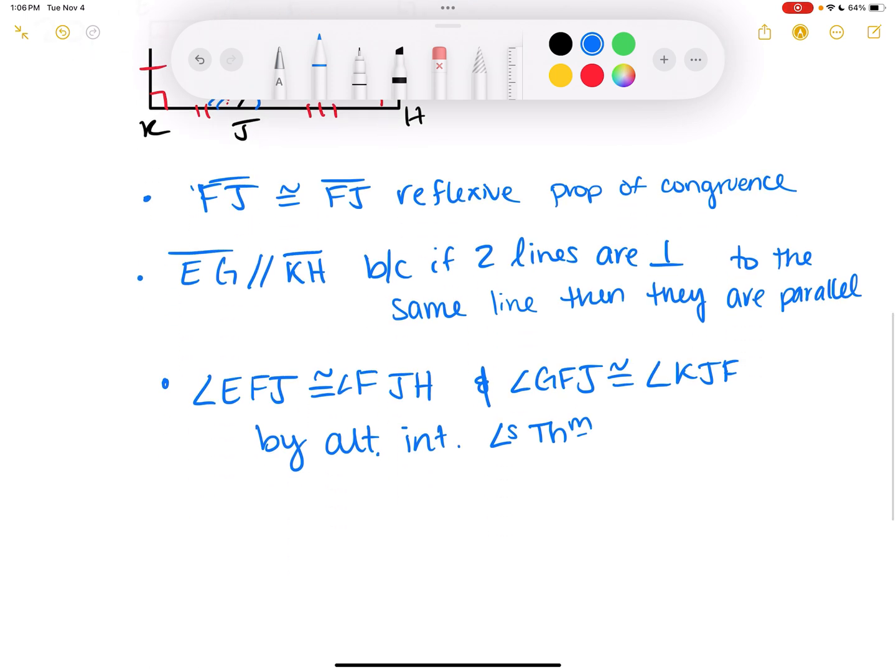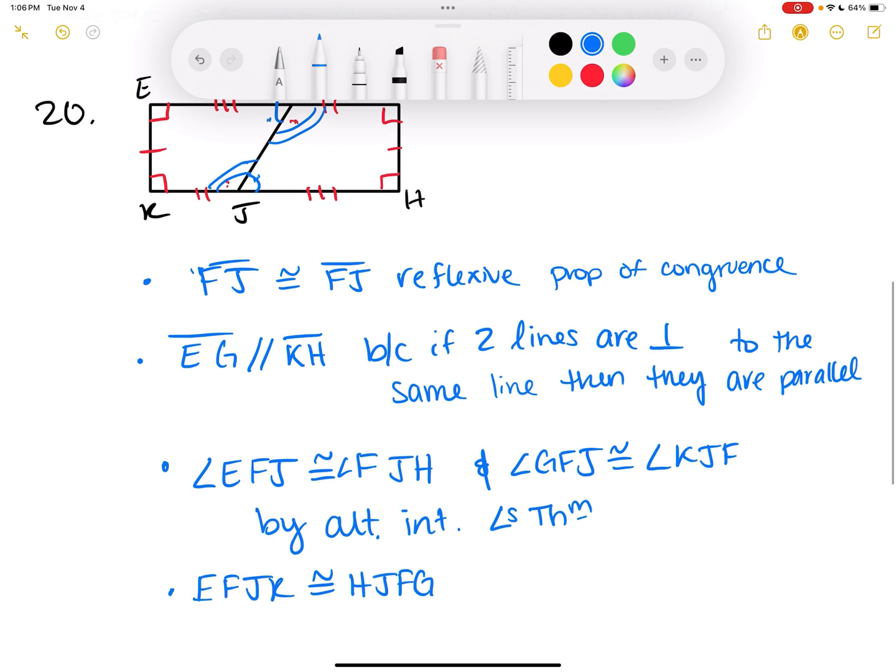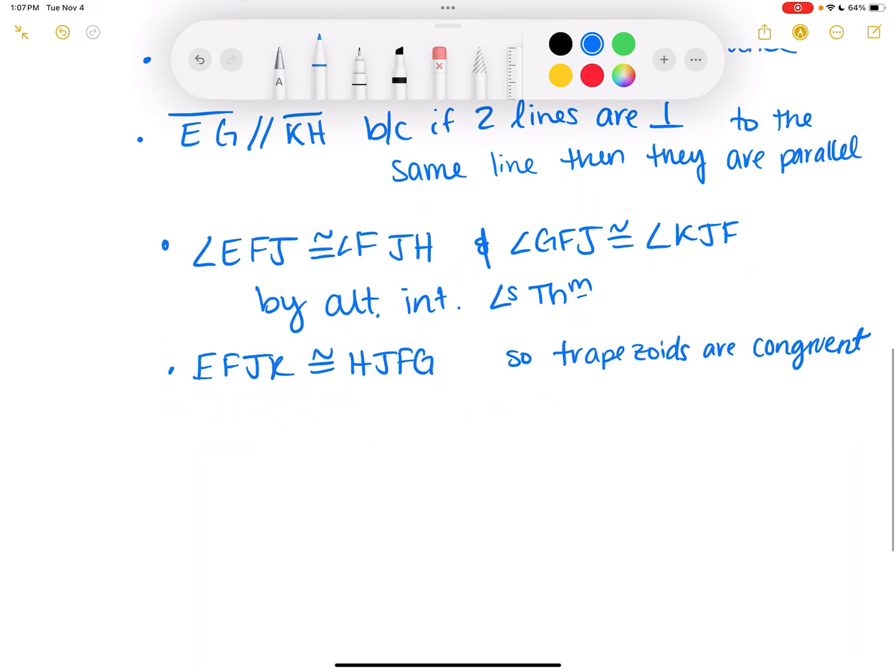Yep, so I would say that EFJK is congruent to HJFG. So the trapezoids are congruent, because everything about them is congruent. So those two trapezoids have to be congruent.